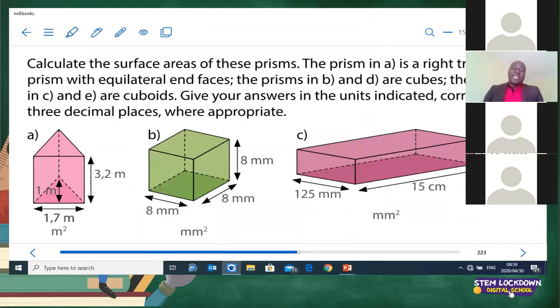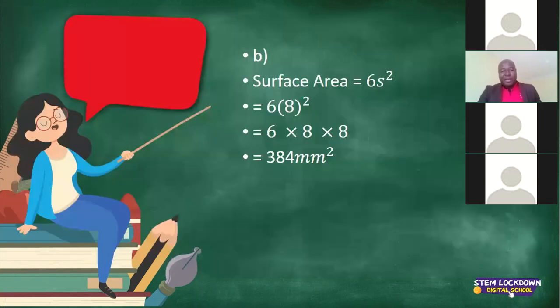So even in this case, you do the same. You'll have length multiplied by length, which is 8 times 8, will give you 64. And thereafter, you multiply that by 6 spaces.